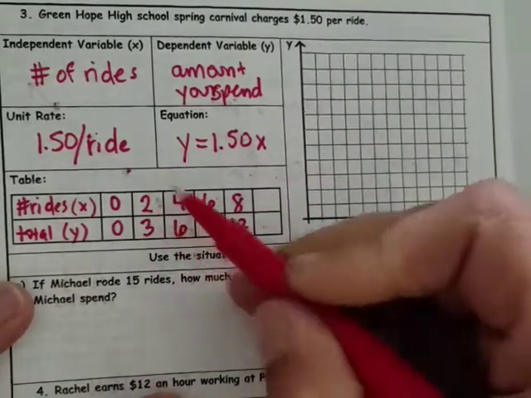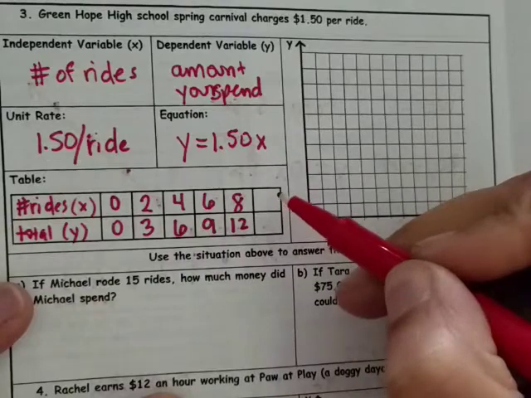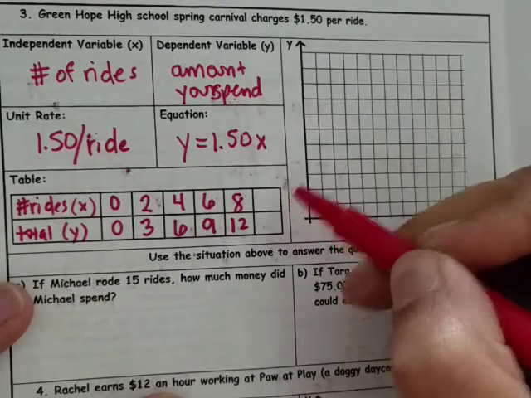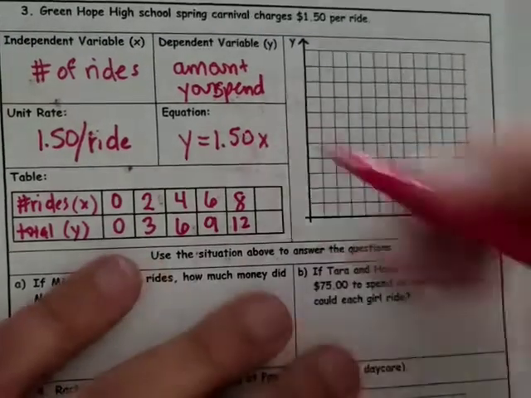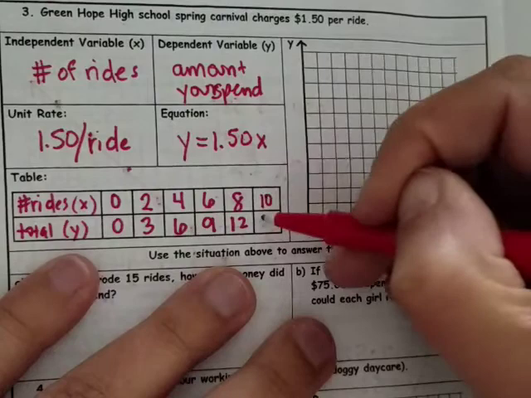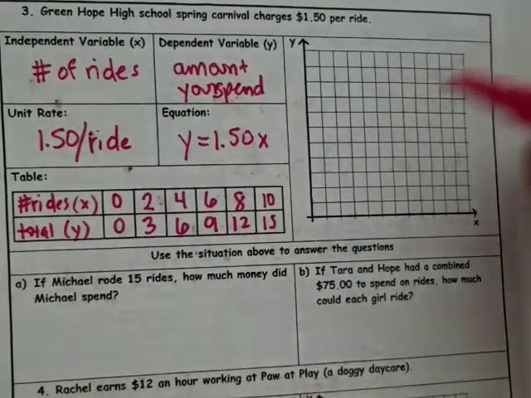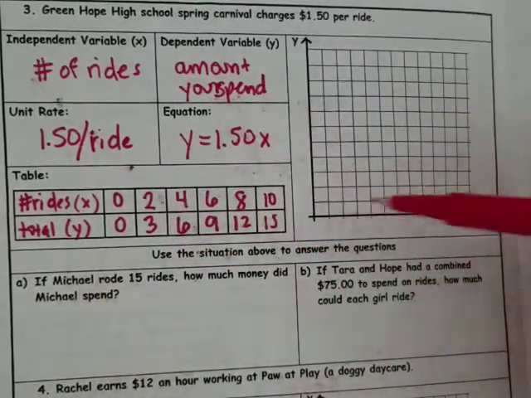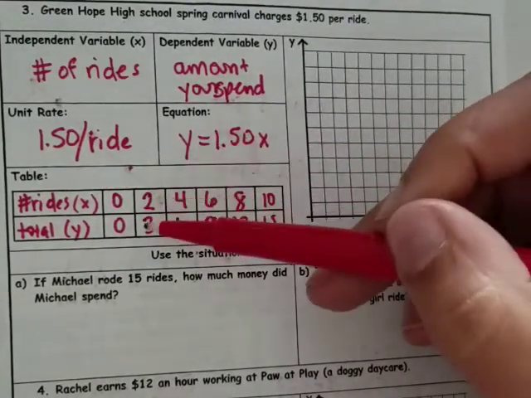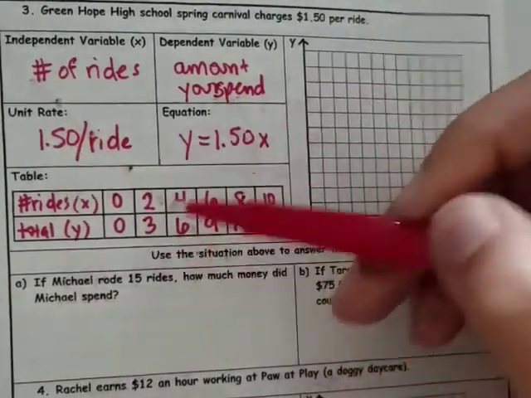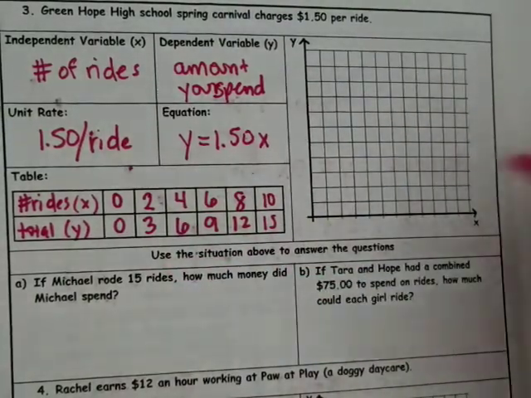Notice I'm just adding 3. And then 10 rides is going to be $15. The reason why I did that is because I don't want to have to graph decimals. So I just doubled the rides, and then that gave me 3, because 2 times $1.50 is 3. And then I just saw my pattern.